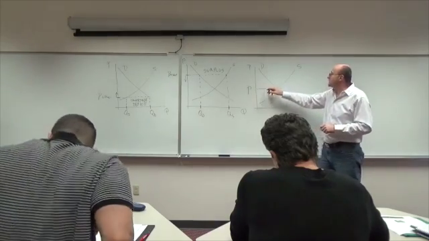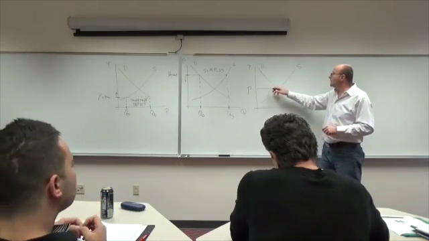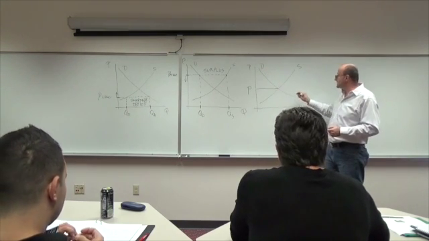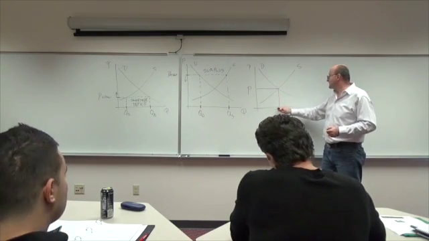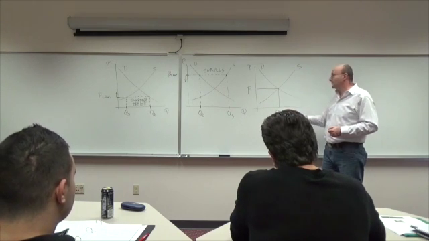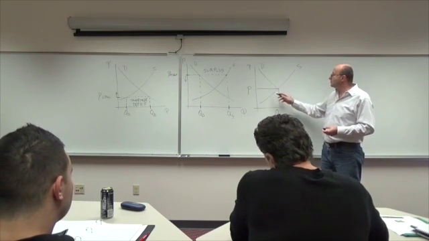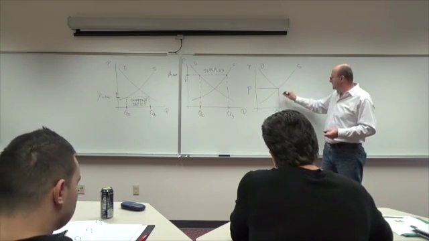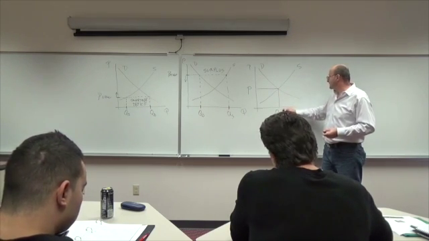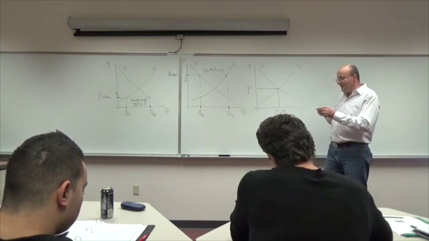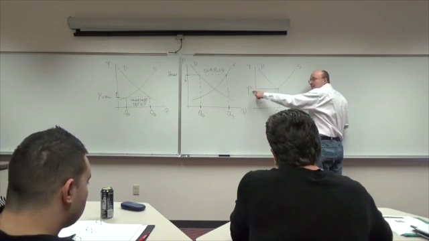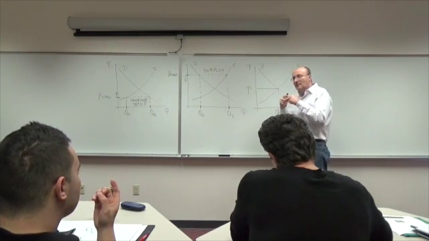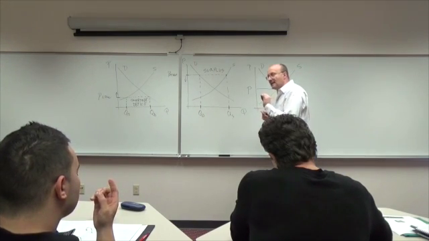But what's special about this price is, first of all, what's the quantity demanded at this price? Well, demand tells you that this is the quantity demanded, right? What is the quantity supplied at that price? It is the same quantity. In other words, at this particular price, quantity demanded and quantity supplied are equal to each other. Exactly.